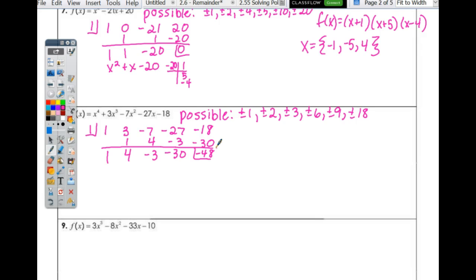Did 1 work? All right, so what should we try next? 2? How about the negative of 1? We did positive, it didn't work. Maybe the negative would work. You want to do negative 1 or 2? What do you want to do?